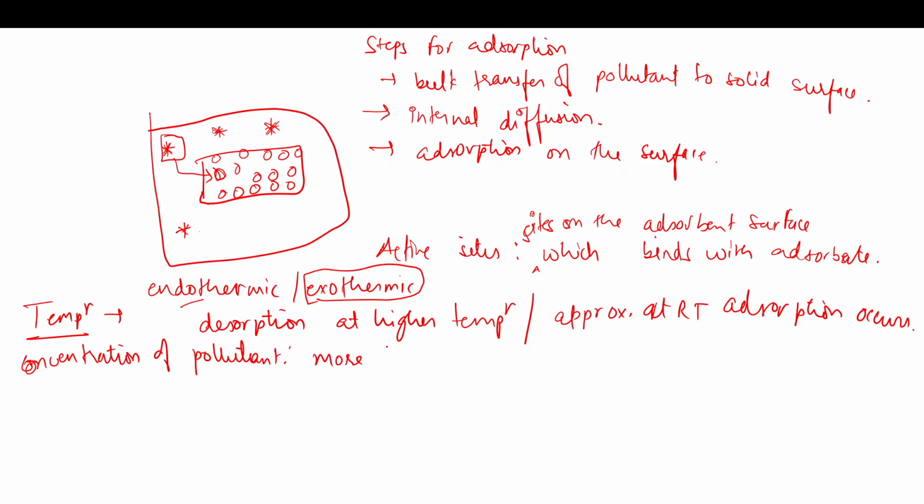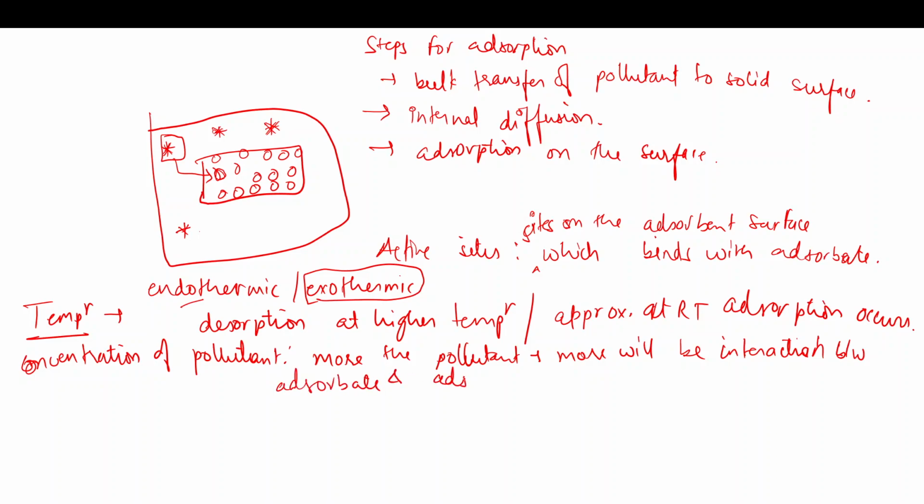So, the more the pollutant, the more will be the interaction between adsorbate and adsorbent, hence better adsorption.